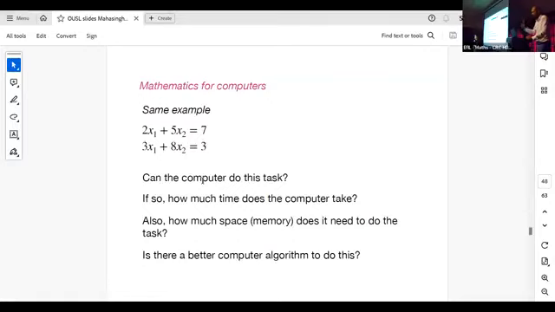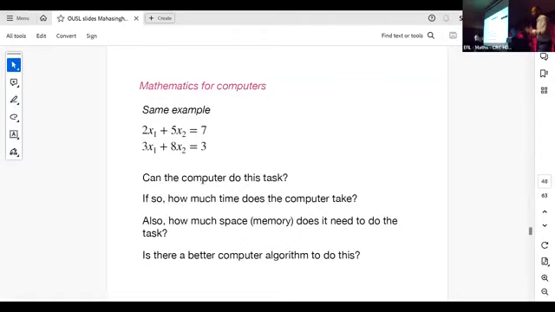If computable, how much time does the computer take to do the task, and how much memory does it require? You have the RAM of the computer, right? So how much space does the computer require? Well, if you have a system of, let's say, 10,000 equations and 10,000 variables, but your computer's RAM is sufficient only to handle maybe 5,000 equations and 5,000 unknowns, then it is beyond the capacity of your computer.